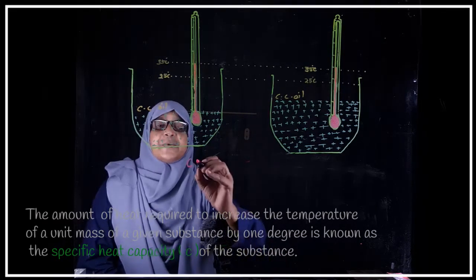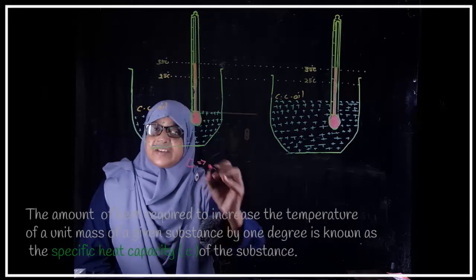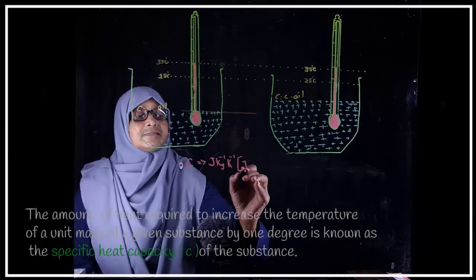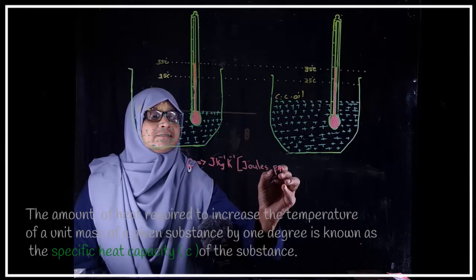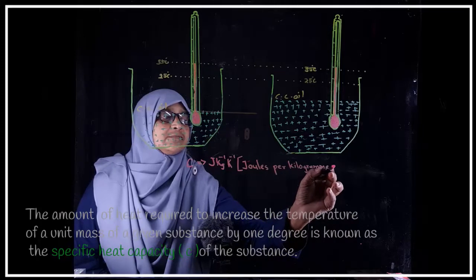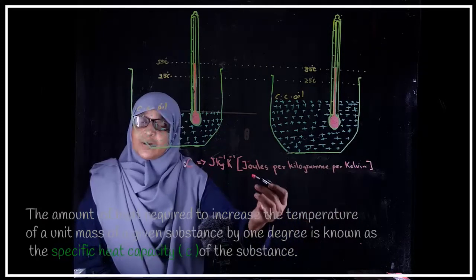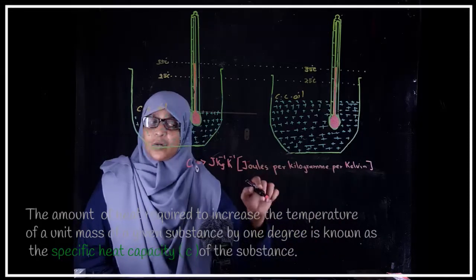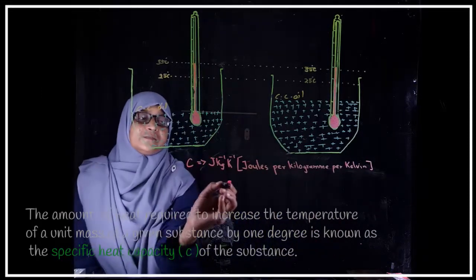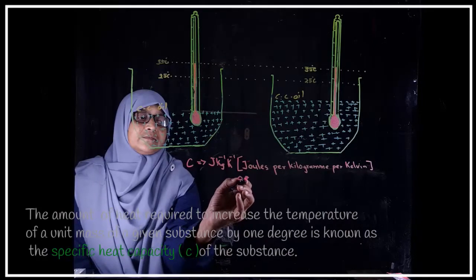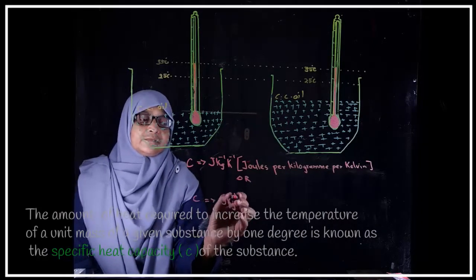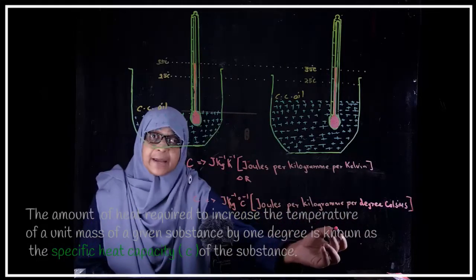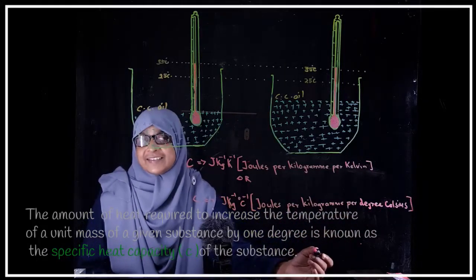The unit of specific heat capacity is joules per kilogram per Kelvin, or joules per kilogram per degree Celsius.